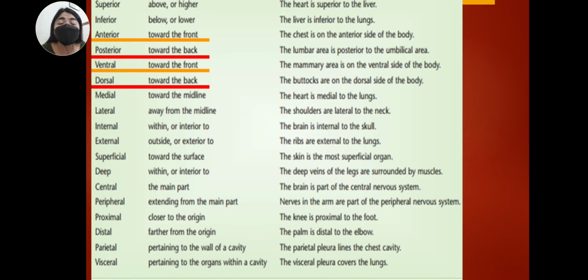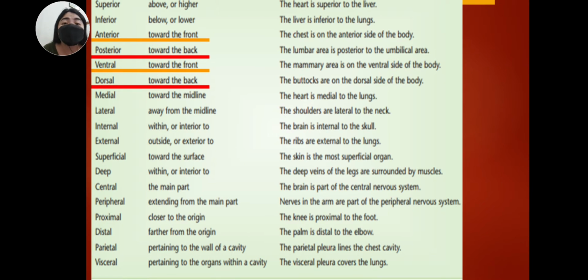If proximal is closer to the origin, distal is farther from the origin. So your palm is distal to your elbow. Yes, it's very far away from the origin. This is your palm, and this is your elbow. Palm is distal to your elbow, very far away, farther from the origin.